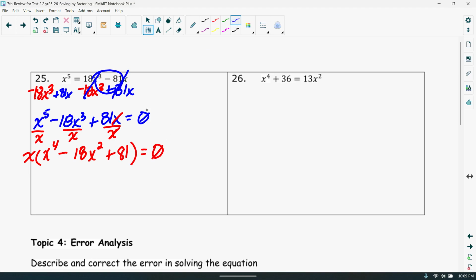Now, this is a basic trinomial. Even though we have an exponent of 4, if you want to do substitution first where you let the u equal x squared, I'll show you what that looks like. So this would be u squared minus 18u plus 81.